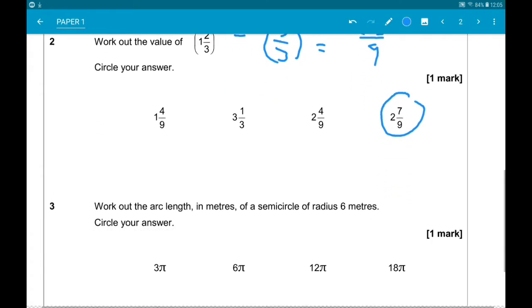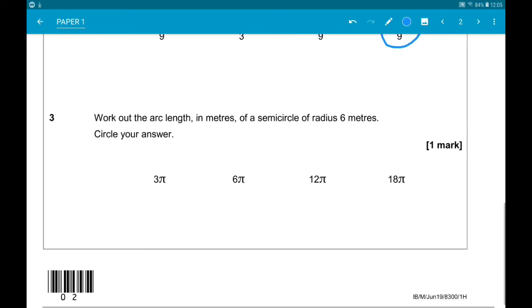Number 3, we want to work out the arc length in meters of a semicircle with radius 6 meters. Okay, so circumference is pi times diameter.